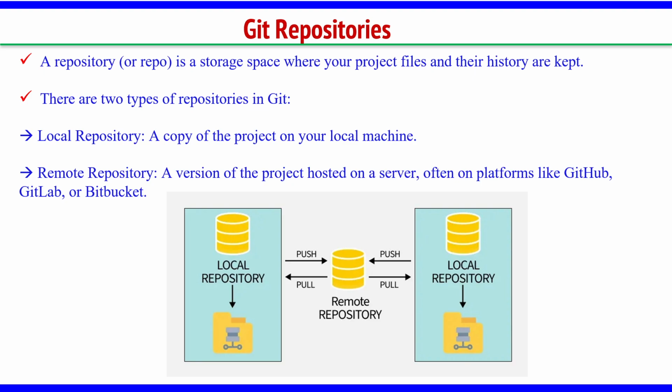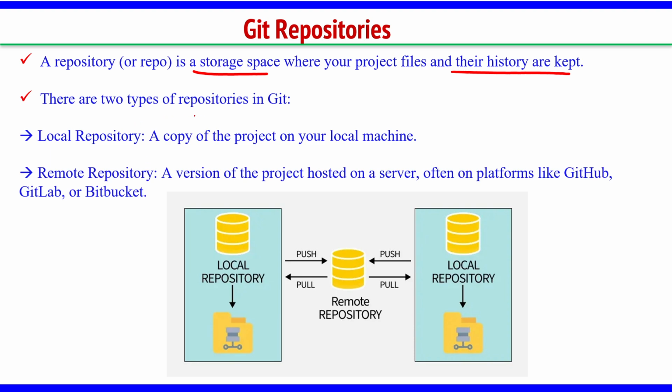So the first primary component in Git is a Git repository. There are so many components which form this Git or make Git very powerful, and the first one is repository. A repository is a storage space where your project files and their history are kept. It's a space where you can put your project files, your code can be kept there.